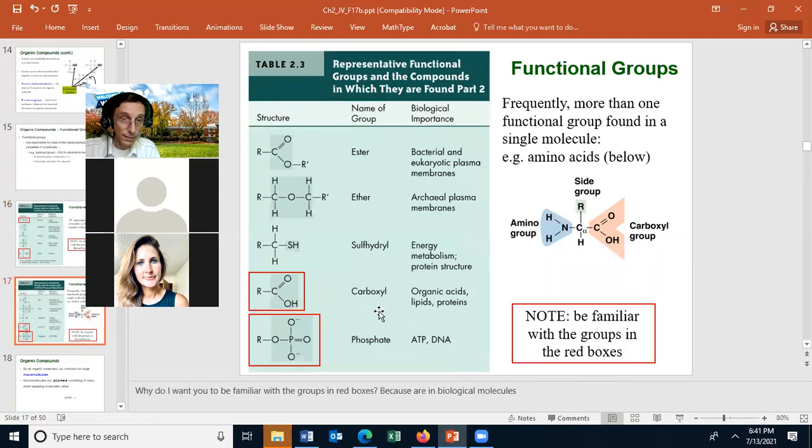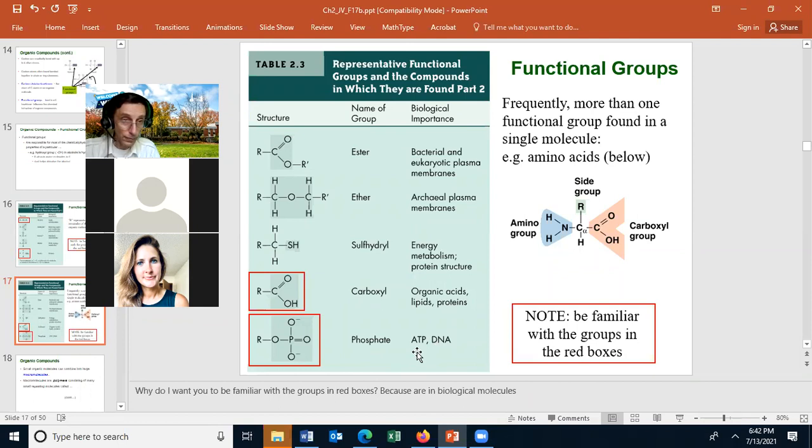There's a carboxyl group, the COOH group, and you find this on all amino acids, on proteins, organic acids, and in lipids. And then there's the phosphate group, the PO4 minus 2, and you find phosphate in molecules like DNA and RNA, as well as in ATP.